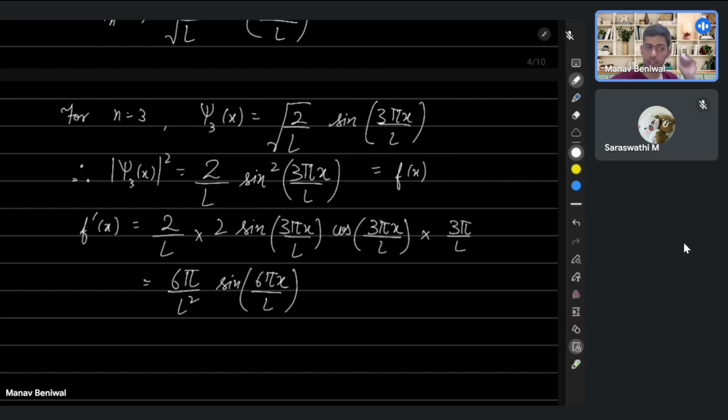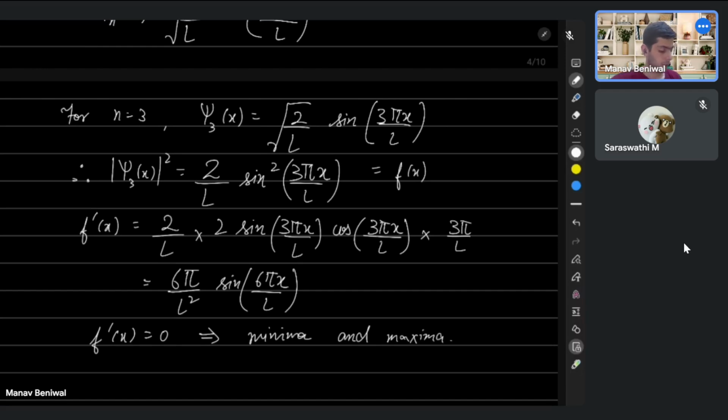Now we know that the minima and the maxima occur when f prime x is 0. This gives us minima and maxima.